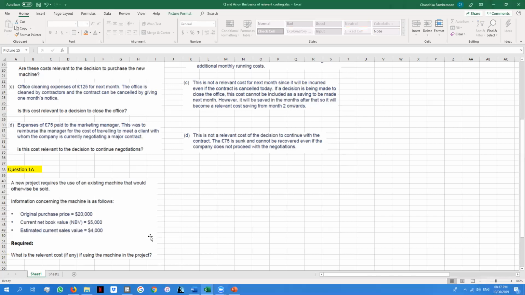If, on the other hand, the project does not go ahead and the machine is therefore sold, the company will get back the $4,000. So the only thing which is relevant there is the $4,000.